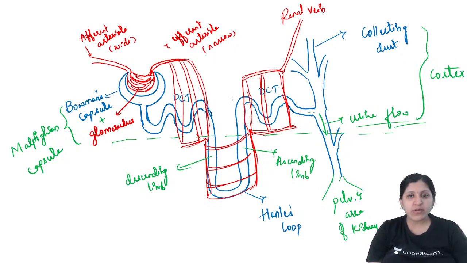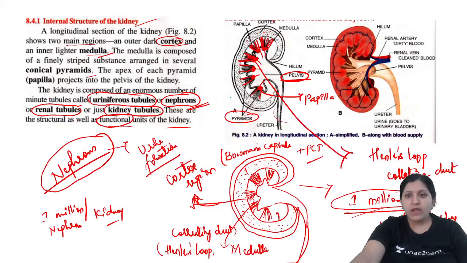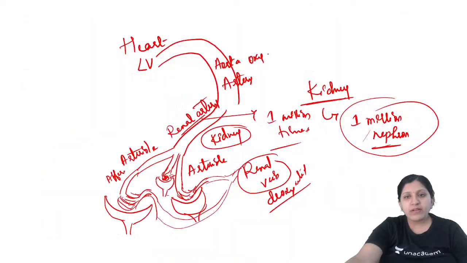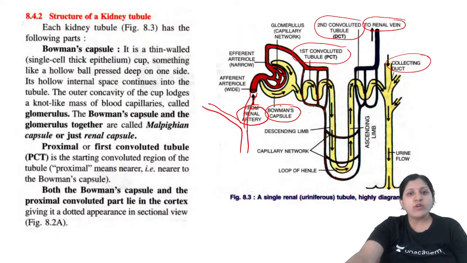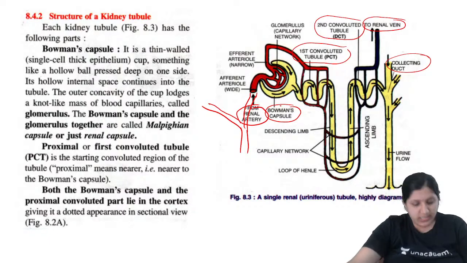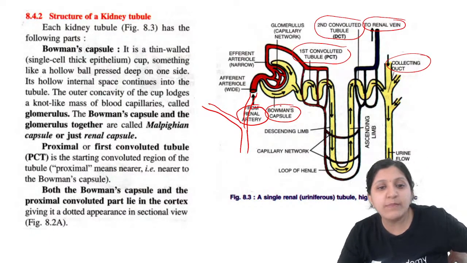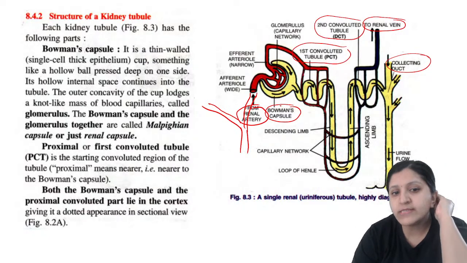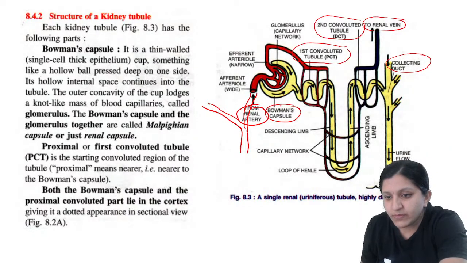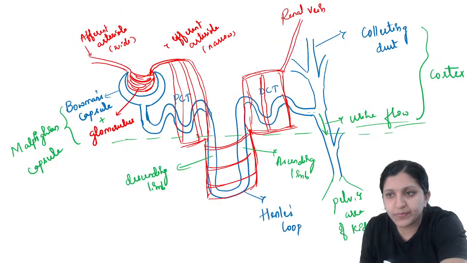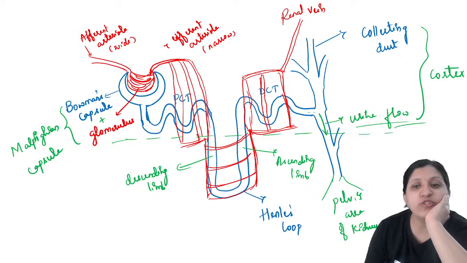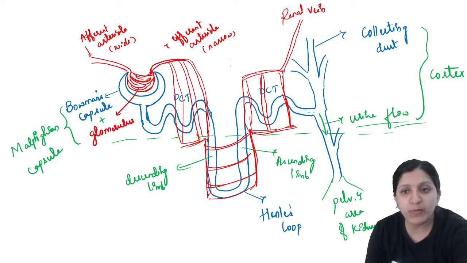You can see this kidney structure over here. This dot-like appearance is mainly because of the kidney tubule which is present, mainly the Bowman's capsule as well as the PCT.